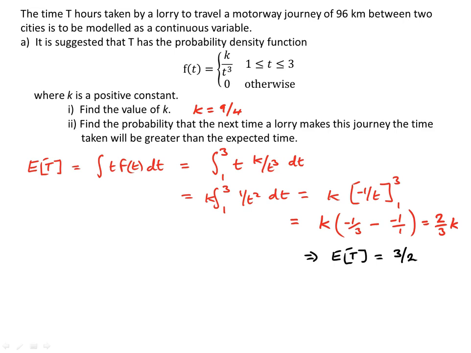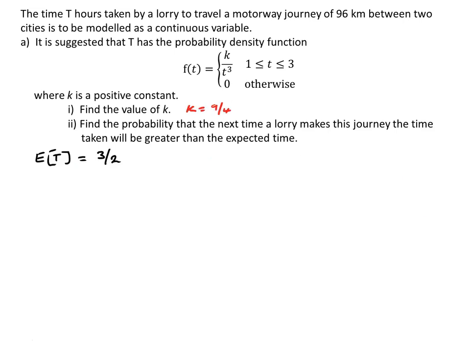So what we're after now is the probability that t is greater than 1.5. So that means that we want the probability that t is more than 1.5, and it can be anything up to 3.